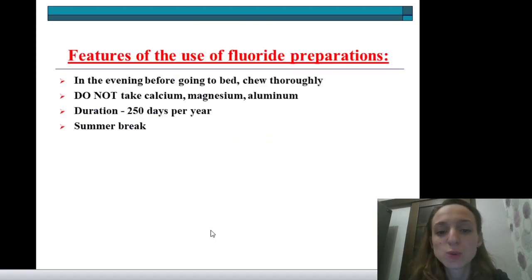Features of the use of fluoride preparations: in the evening before going to bed, and do not take calcium, magnesium, aluminium. Duration is for all days for all year, with a summer break.